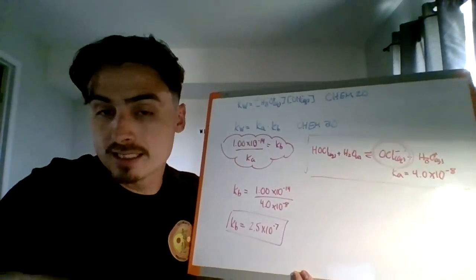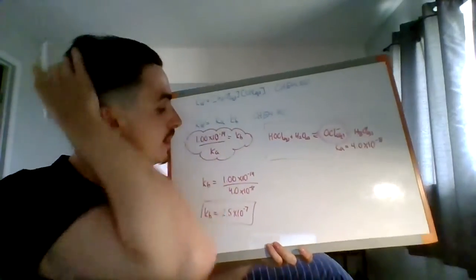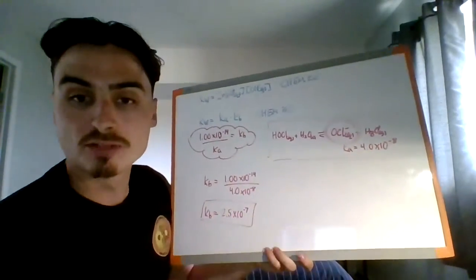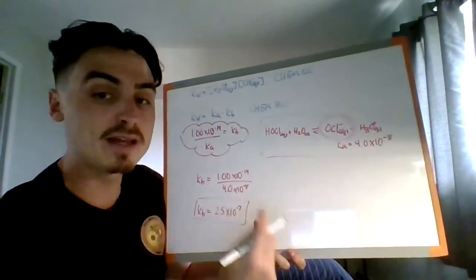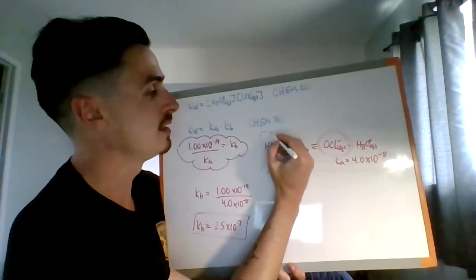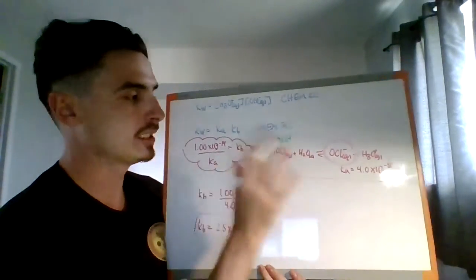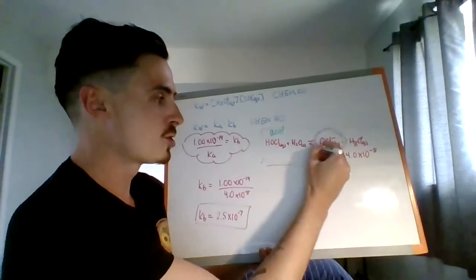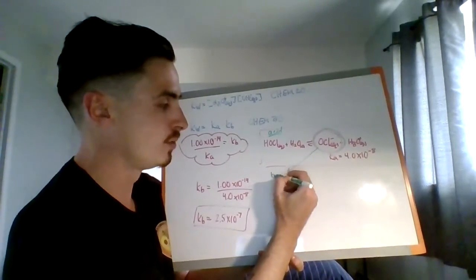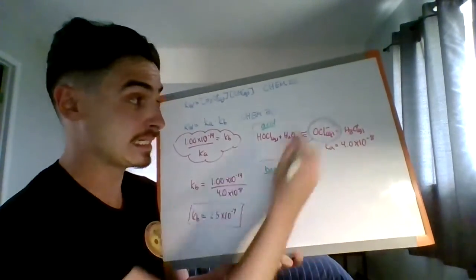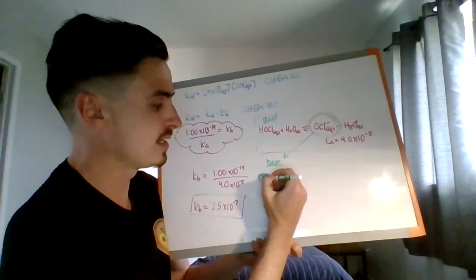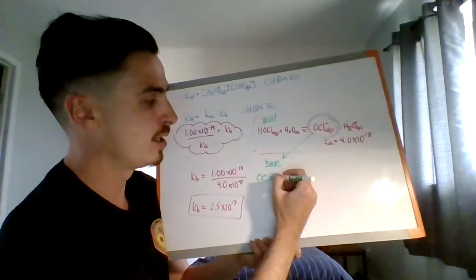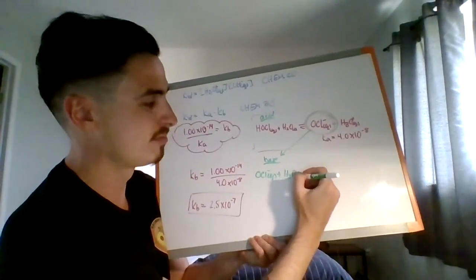Now, if I was asked to use this information to determine the concentration of OH minus, you would have to write the basic reaction. Again, this is the acid reaction, but I don't care about that. I care about the base. So to write the base reaction, which is what we're worrying about in this lesson, you take OCl minus, which is a base, and react it with water.